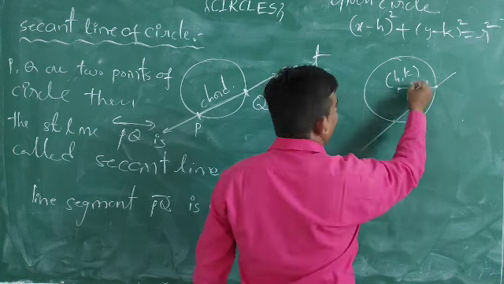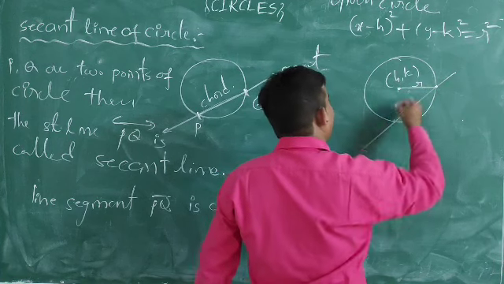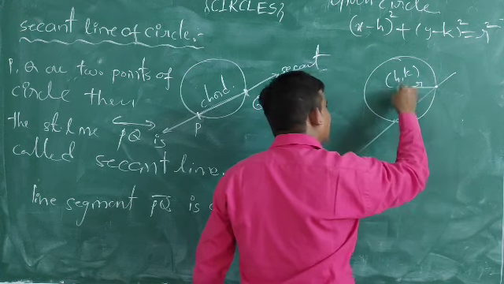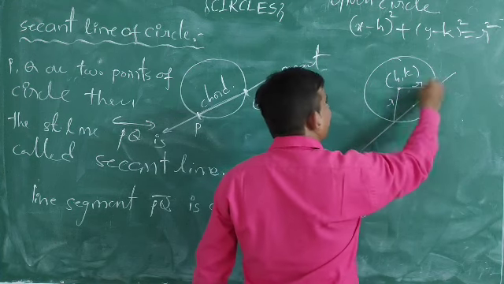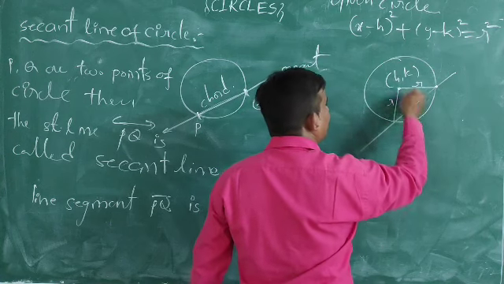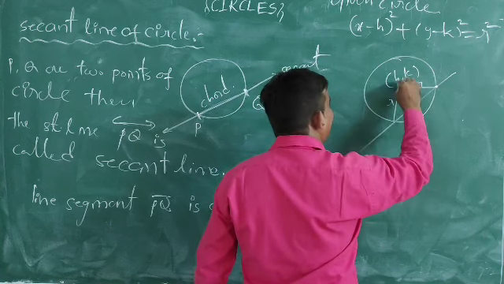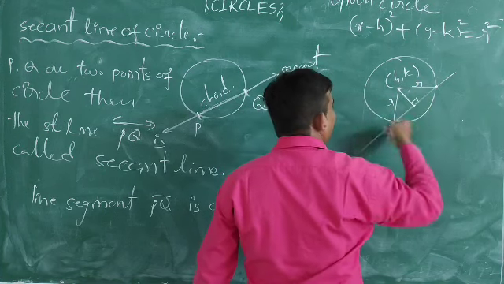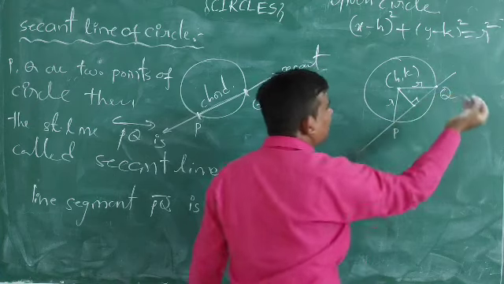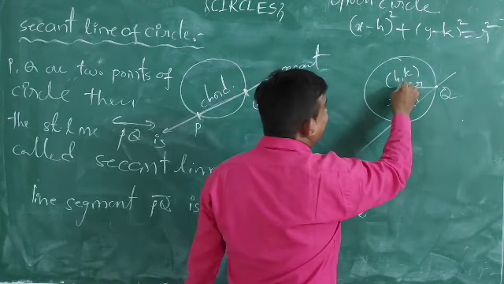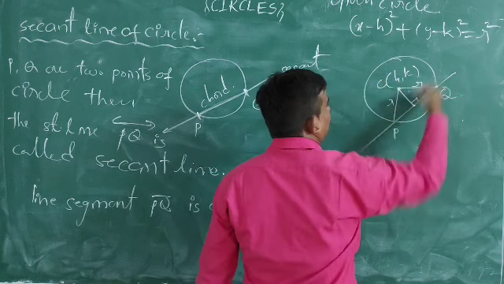The midpoint of the chord and the center form an isosceles triangle, and the line perpendicular to PQ is the perpendicular bisector of the line segment PQ. Very clear.